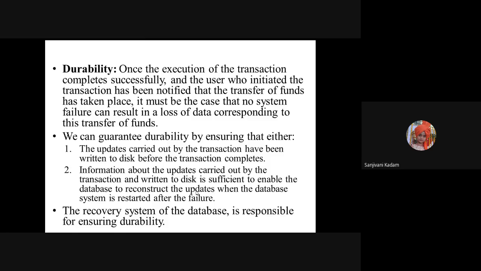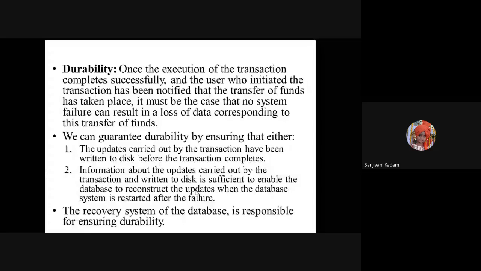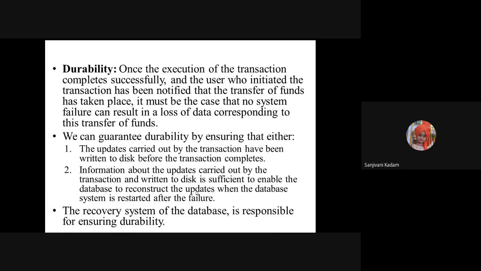So durability can be ensured in two ways. The first one: the updates carried out by the transaction have been written to the disk before the transaction completes. Whenever we are performing the changes, we are writing the new values to the disk also. And the information about the updates carried out by the transaction and written to the disk is sufficient to enable the database to reconstruct the updates when the database system is restarted after a failure.